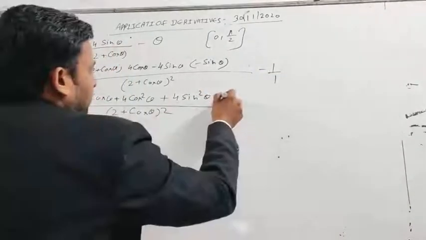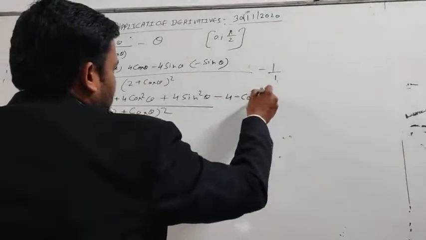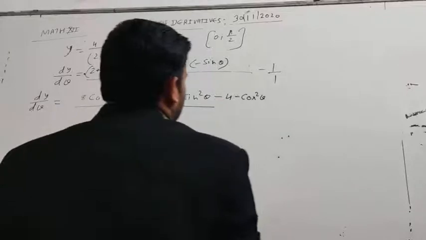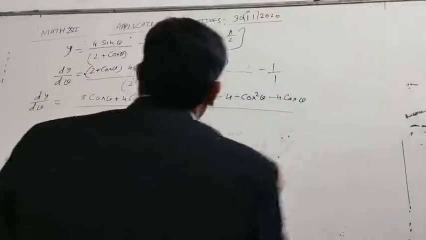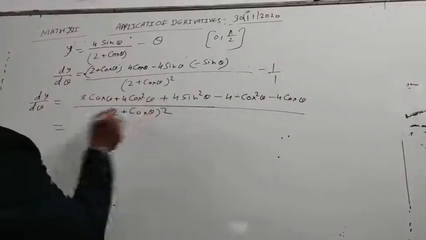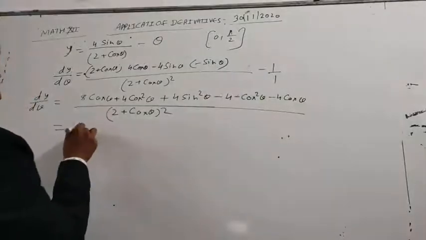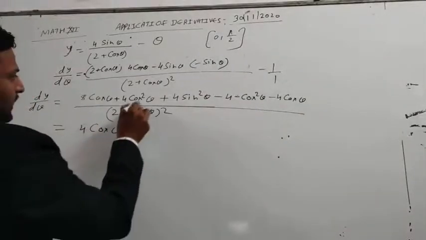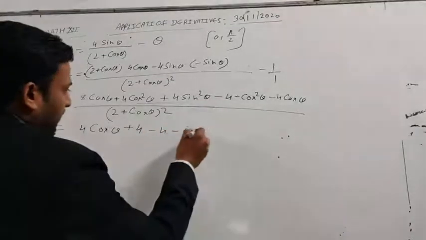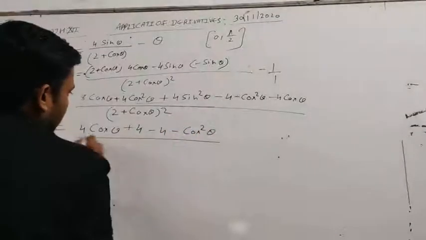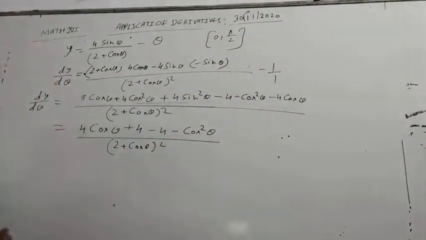So we are getting minus 4 minus cos square theta and minus 4 cos theta. Okay, so 8 cos theta minus 4 cos theta is 4 cos theta, and this will be 4, and here minus 4 minus cos square theta by 2 plus cos theta whole square.